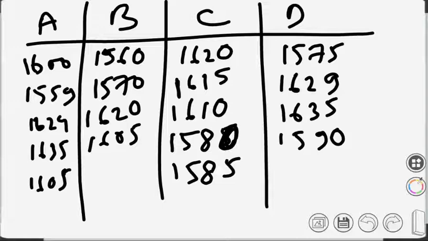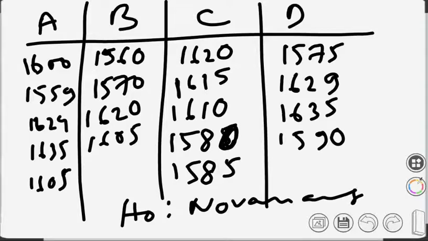Null hypothesis H naught is that there is no difference, no variation among the brands A, B, C, D, because we are doing analysis of variance.